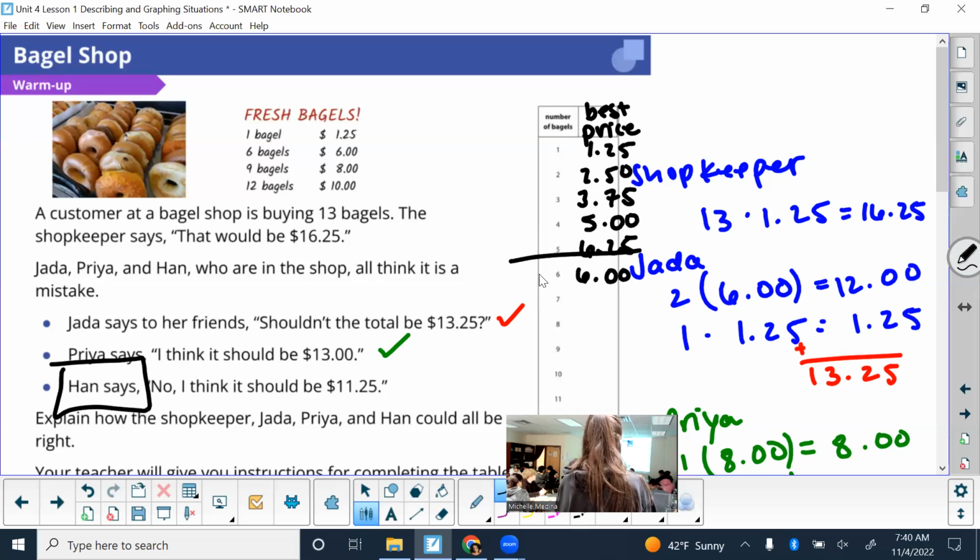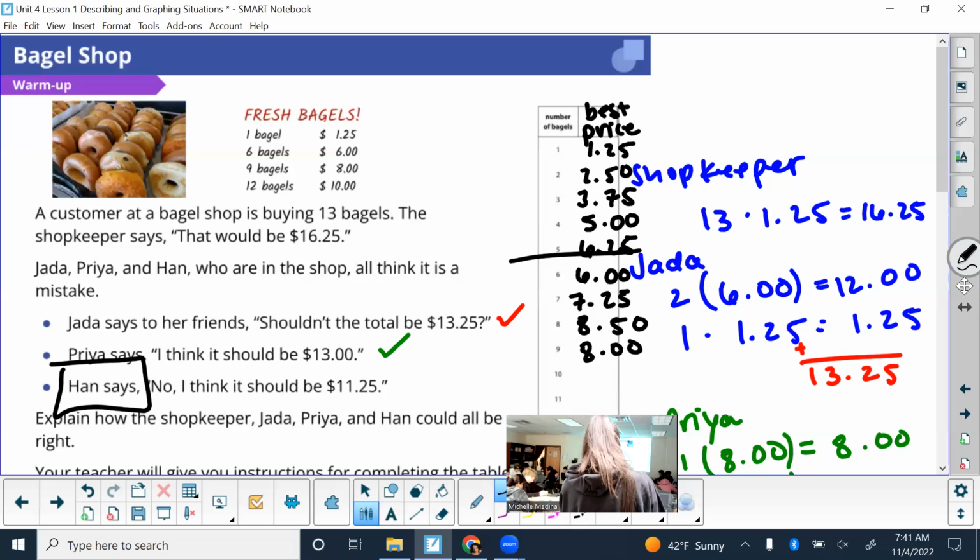Here's where you'd start to break it down differently. What about for 7 bagels? $7.25 would be the best price. Because what's the breakdown? 1 for $6, and then that extra one at the single price is 7.25. All right, 8 bagels. $8.50, good. 9 bagels.